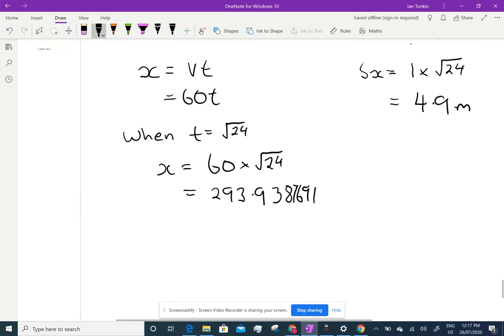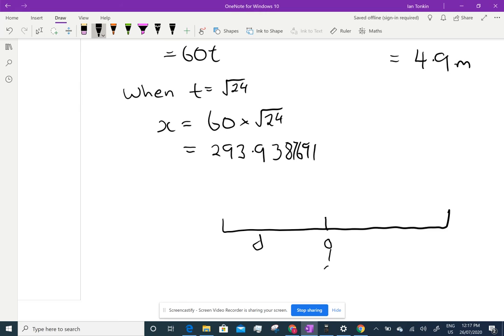So here we go. I'm just going to draw the horizontal and put all the things in. So here's this distance here. Here is the sailor in the water. But the sailor has moved on 4.9 meters.